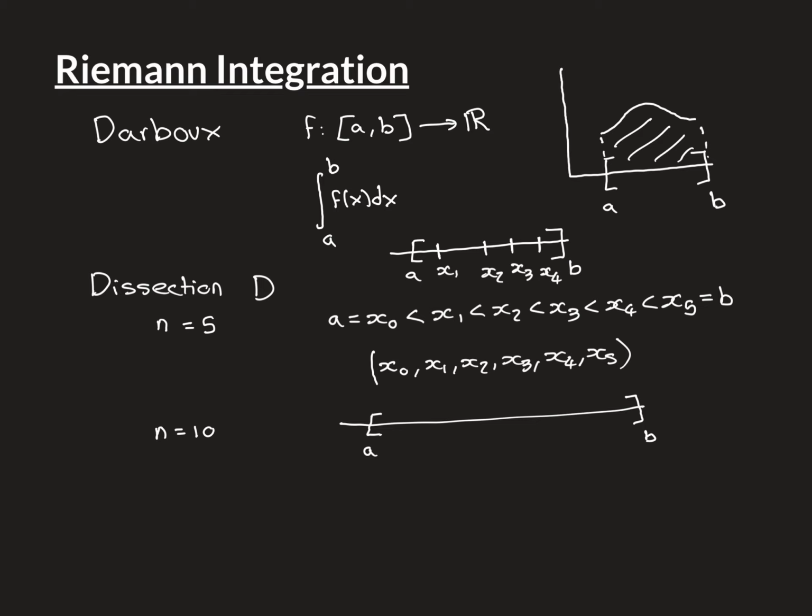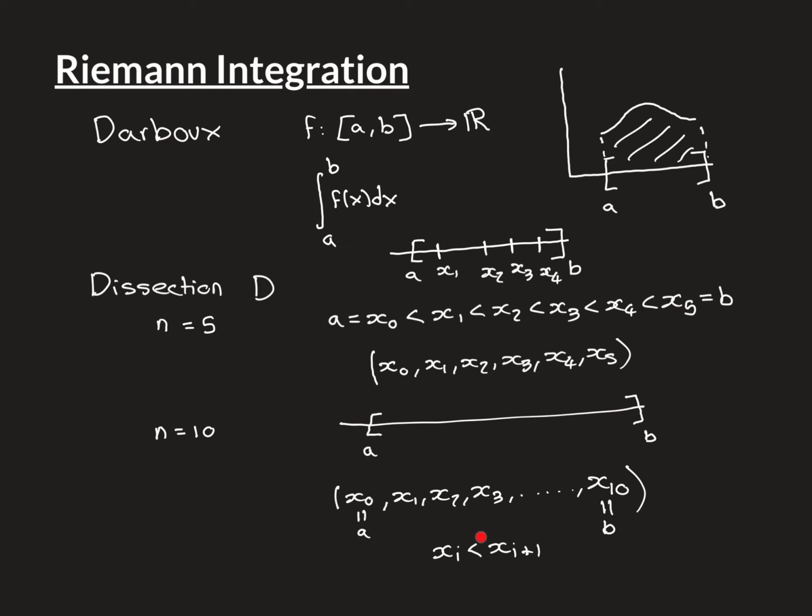So if I take, therefore, a sequence x0, which is A, x1, x2, x3, all the way up to x10, which is B, this will be a dissection of this interval AB, where we're dissecting it into 10 parts, provided that for all of these, xi is strictly less than xi plus 1.